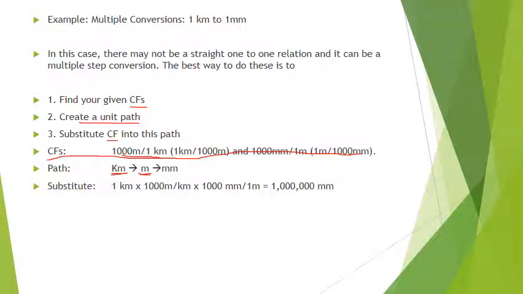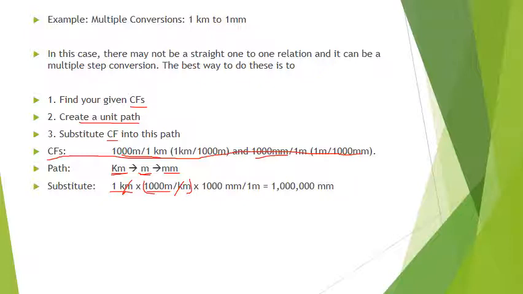And then I'm going to change meters to millimeters. So I'm going to use this one here. I start out with 1 kilometer, and then I'm going to use this conversion. I need to have the kilometers on the bottom so that the kilometers cancel out. So now I have 1,000 meters.